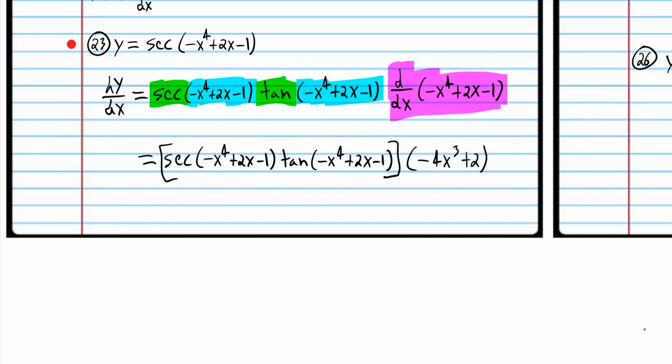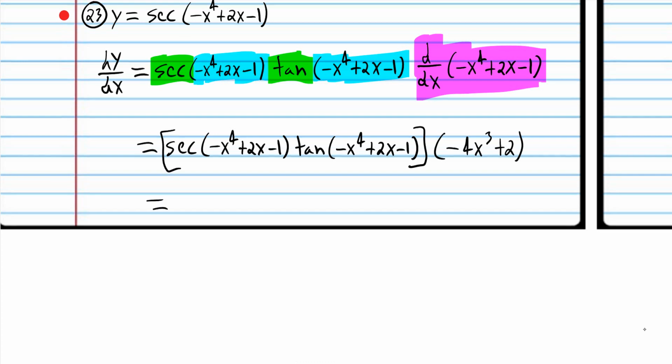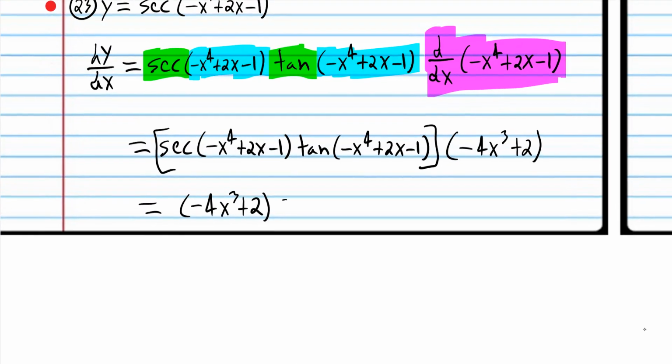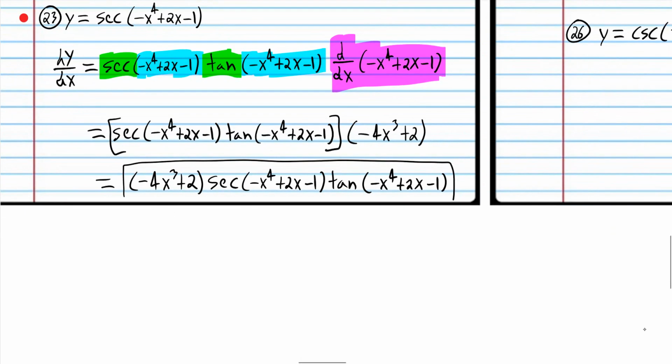So we can do one more step, and we can write the negative 4x cubed plus 2 at the very far left in front of the secant function. And that's going to eliminate any confusion. So there you go.